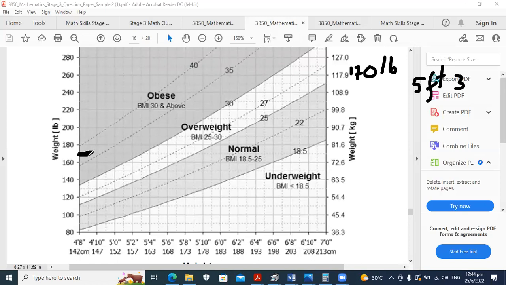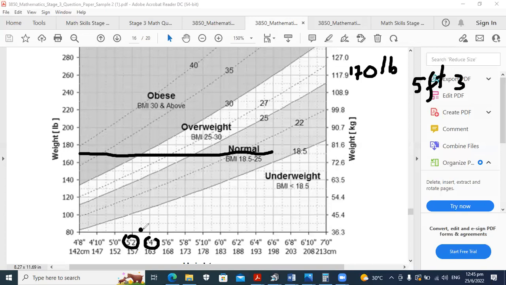That's 170, you know. Let me see if we can go across. So 170. All right. Now the person's height is what? 5 feet and 3 inches. So this is 5 feet 2. 5 feet 4. So 5 feet 3 is in the middle. By the way, 5 feet 3.